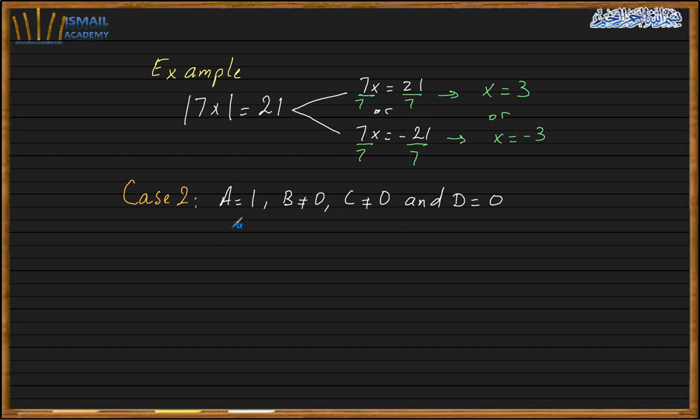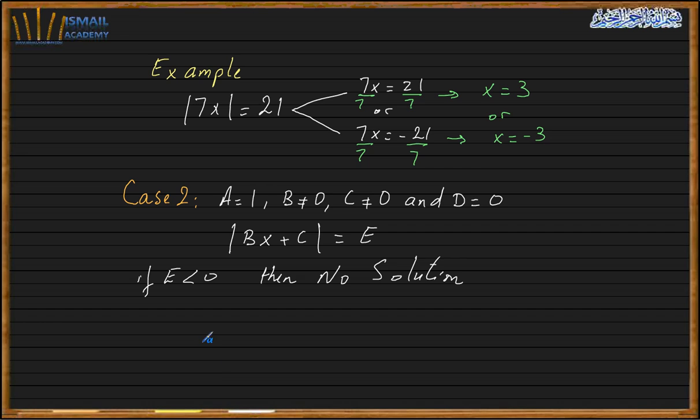Which means I will solve absolute value of bx plus c is equal to e. Again, if e is negative, I'll have positive equal negative, which is impossible. So conclude no solution.